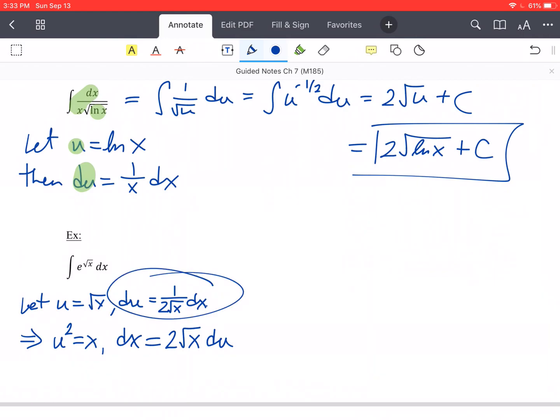Alright, think about that relationship. Multiply 2 root x to the other side, and you're left with this. And then root x is just u. So that's just 2 u du.